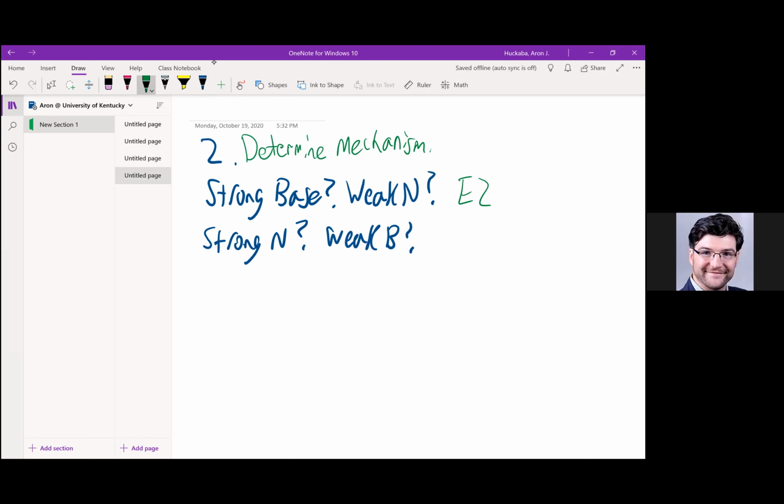Then maybe that's going to be a nucleophilic substitution reaction. Do you have a strong nucleophile and base? Well, then it depends. You likely have E2, because the E2 reaction is faster than the SN2 reaction, unless the substrate is primary.